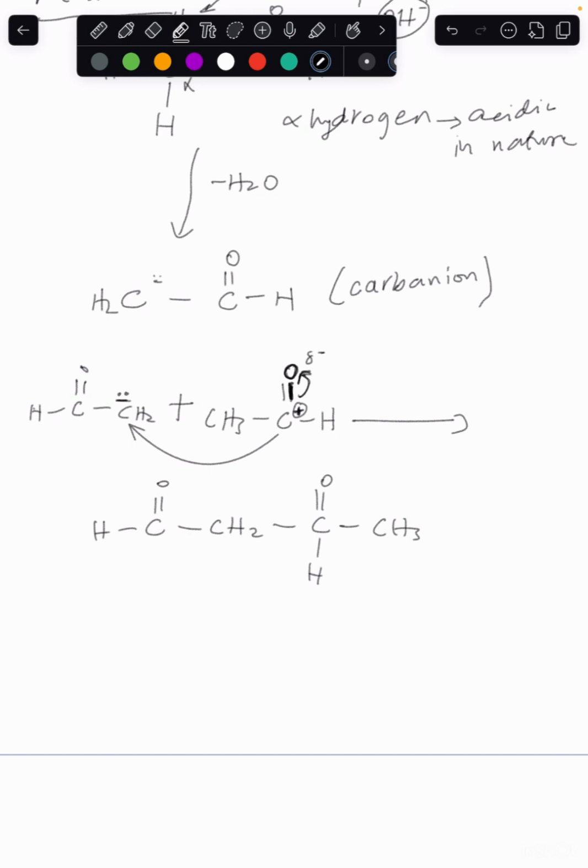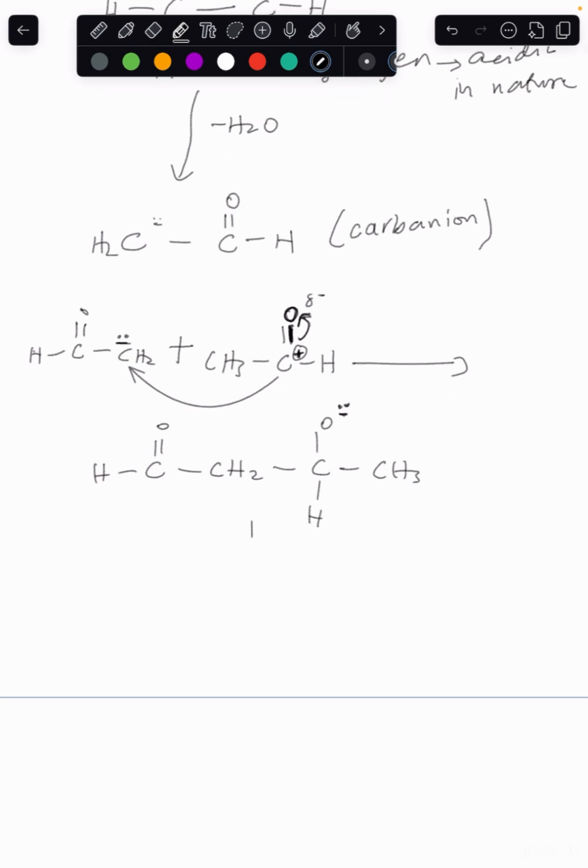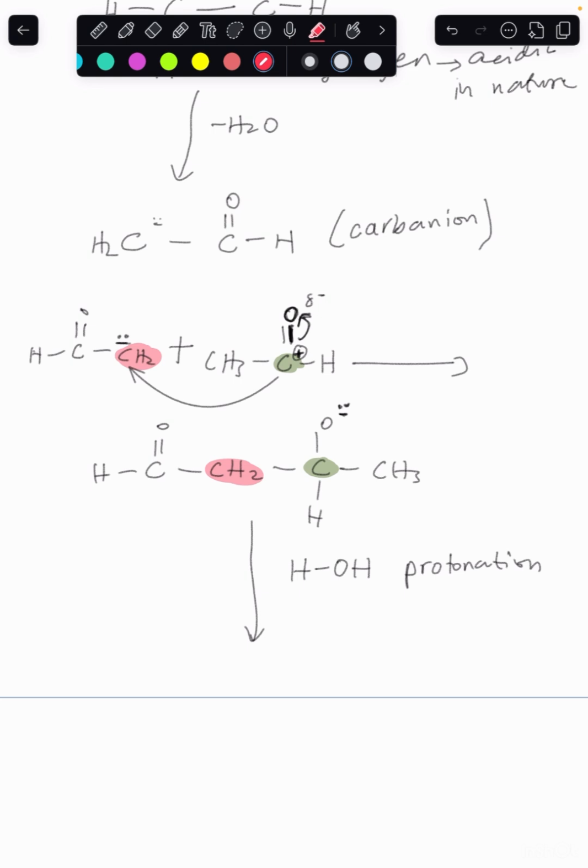Now we've just rearranged it for you, so it is better to understand. As we can tell, the electron is shifted, so it will acquire this. Now this is actually not stable, so we'll protonate it. So protonation will occur. To get a clear understanding, this is the carbon that is over here, and this is the CH2 that we are talking about here, and this is that group, and this is this group.